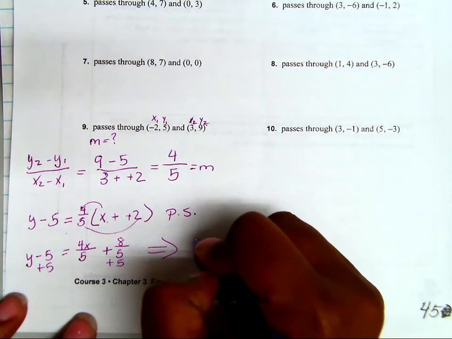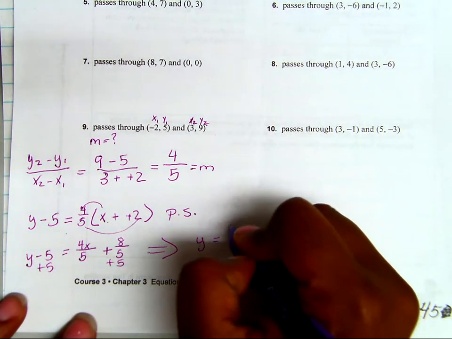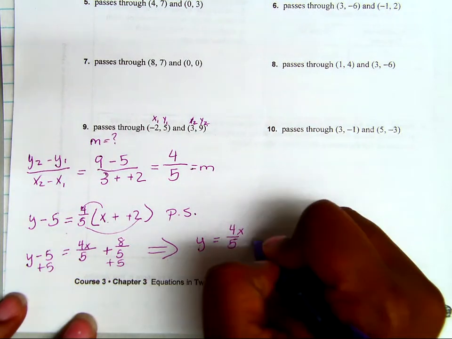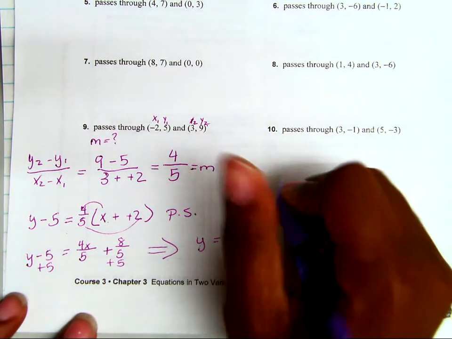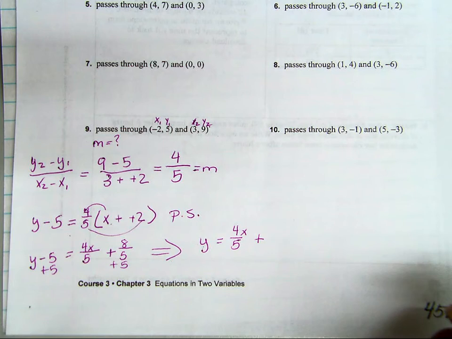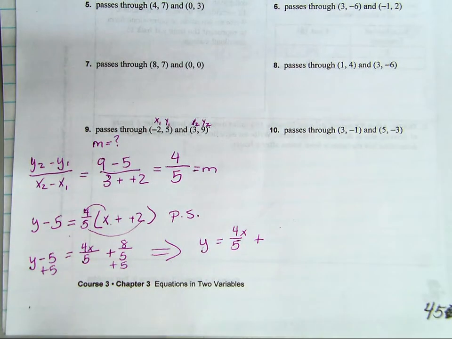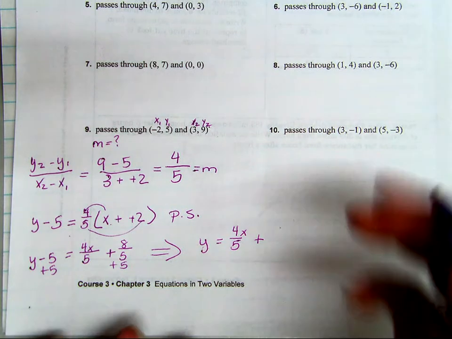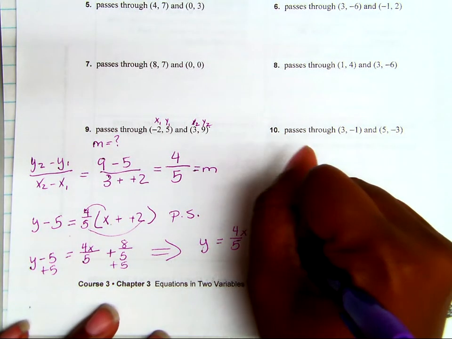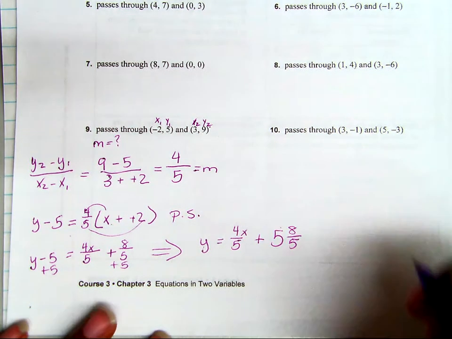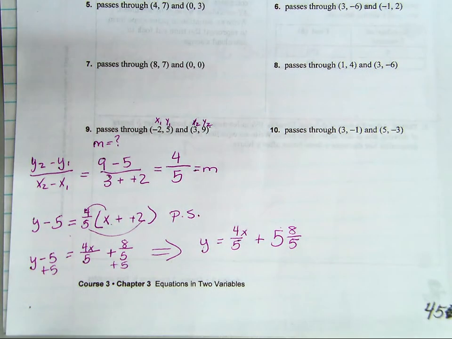So, y equals 4x plus, how do I add 8 over 5 plus 5? How about I just keep it as a whole number? I like that.